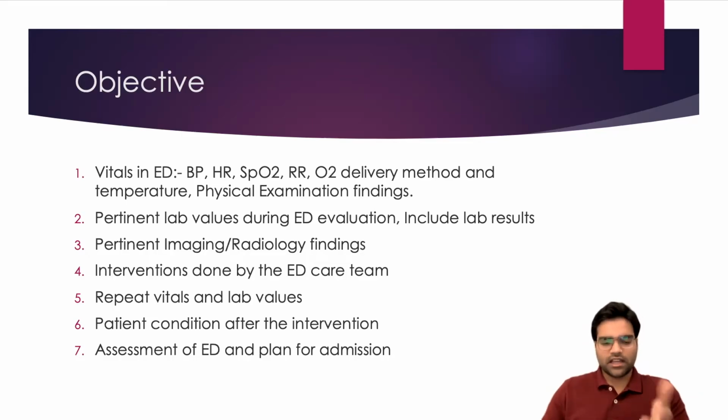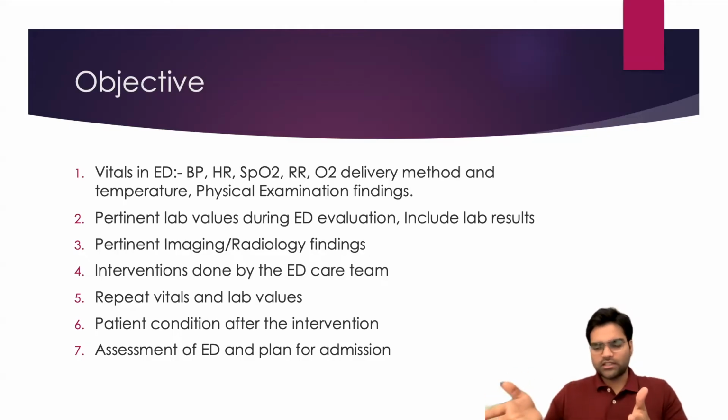And calcium gluconate to protect the heart from the bad effects of the high potassium level. So what the ED doctor did, you have to mention, and then after those interventions, repeat vitals and lab values. The ED doctor will do the repeat vitals and repeat labs, and you have to mention that after giving insulin and dextrose, the patient's potassium, which was 6.6, came down to 5.2. So you have to mention that.